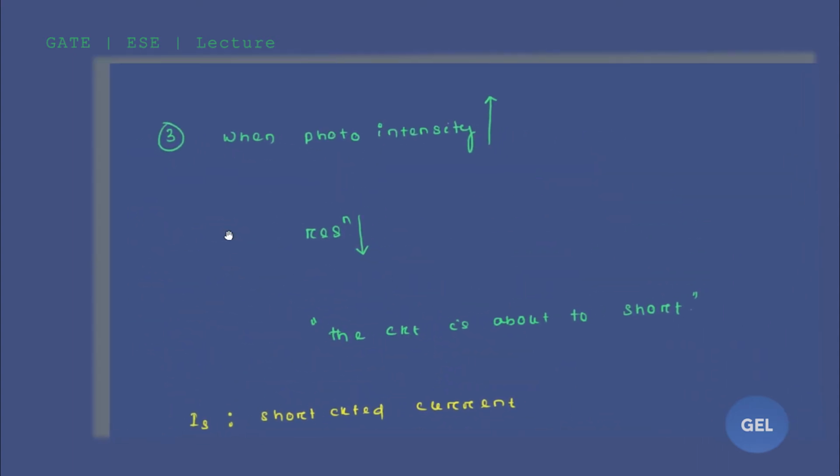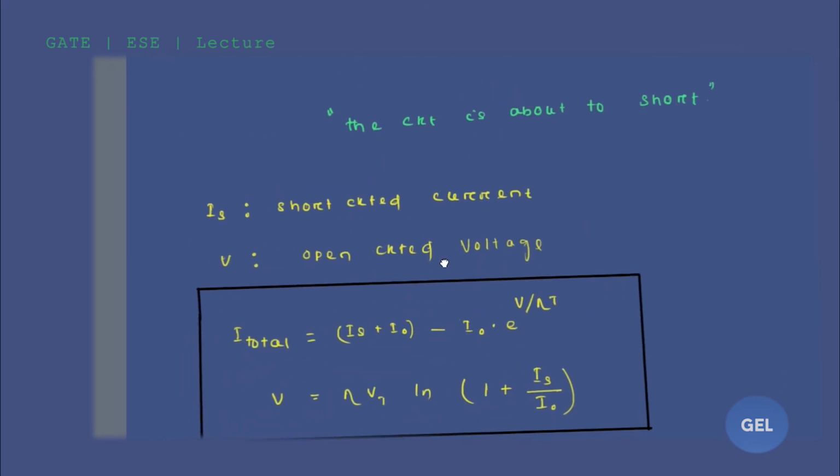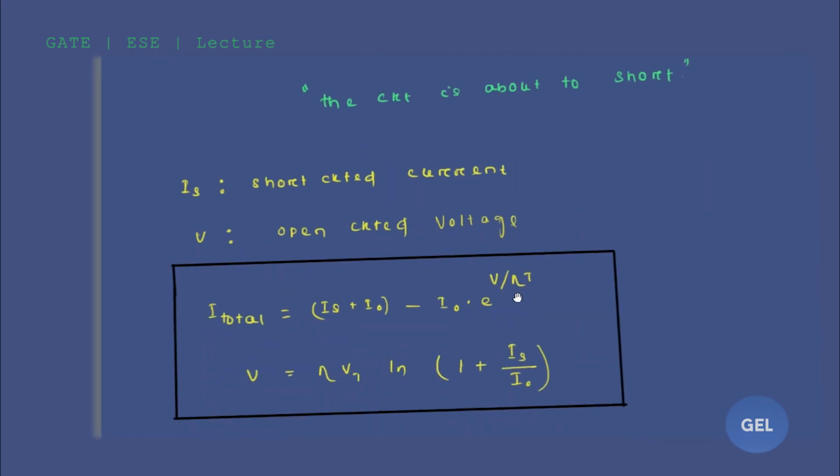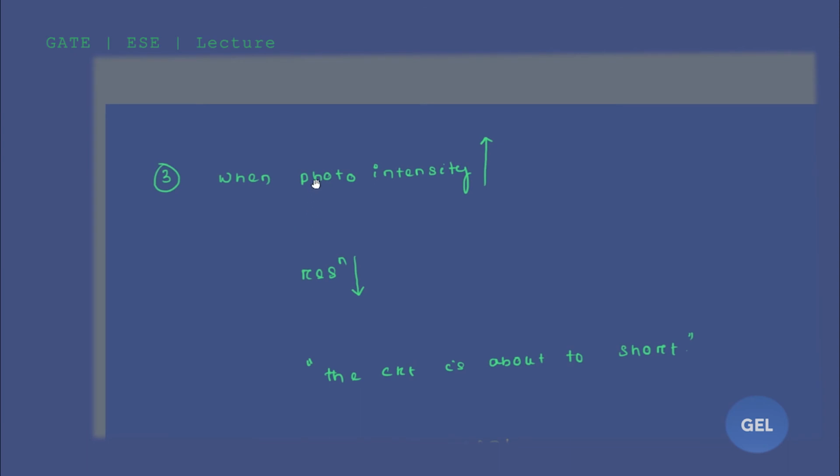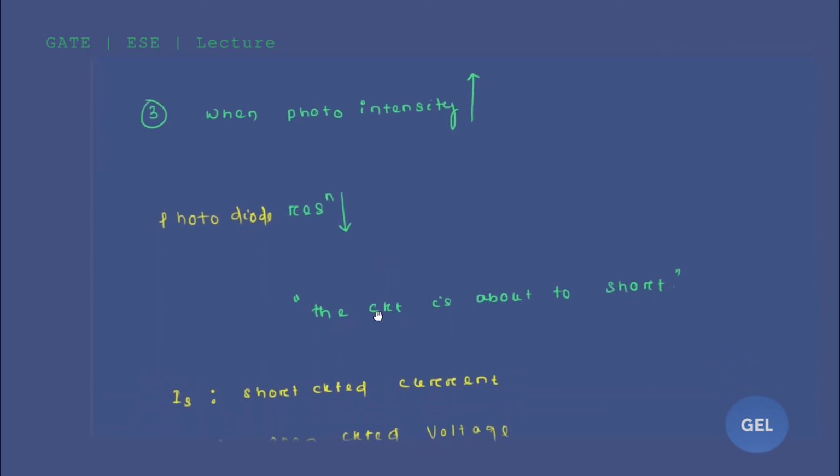Lastly, I'd like to tell you one simple formula which is very important for your engineering services and GATE. Obviously, when you increase photo illumination, the photodiode resistance will decrease. So I can say the circuit is about to get into the zone of short circuiting.